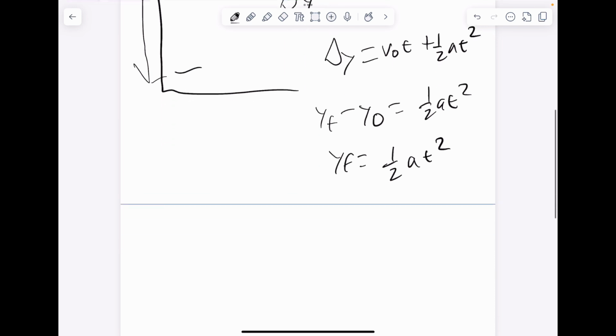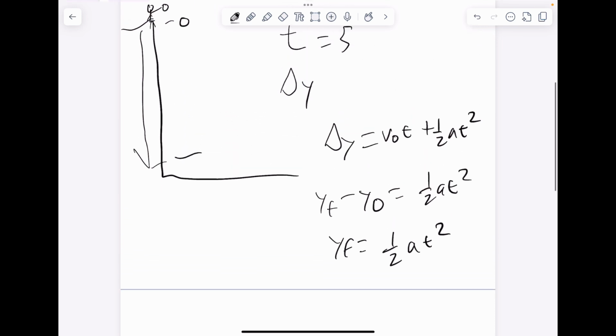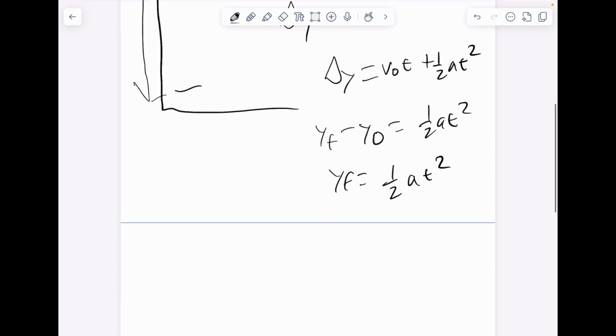But we also need to note that this change in y, since we're going lower than the original height, is essentially going to be negative. If we would go back into change in y notation, you write this as negative change in y is equal to, or rather we can simply leave it as this actually. Okay?